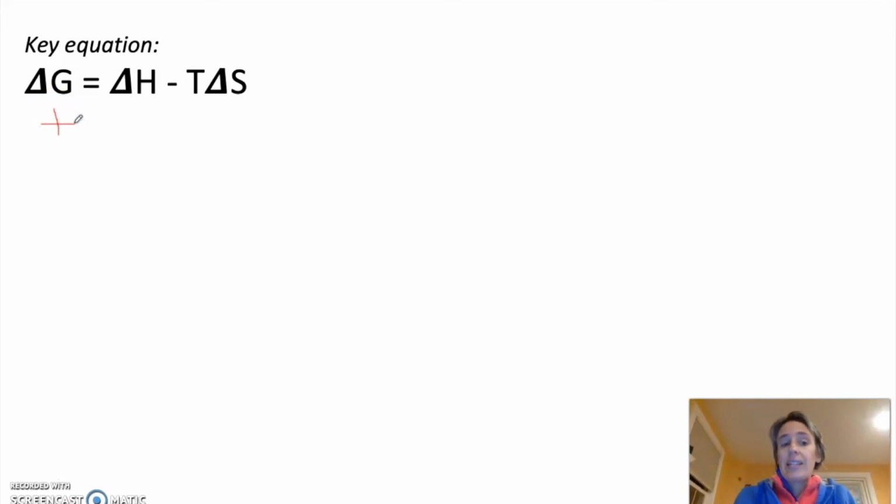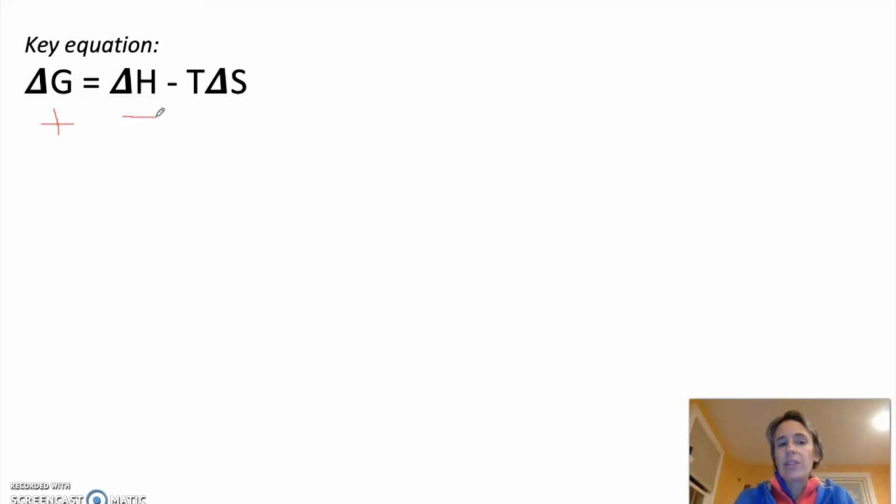And then the enthalpy change, what did we feel? So when I stretched it out, it got warmer. That's a release of heat that I'm picking up with either my forehead or my lip. So that delta H term is negative for stretching the rubber band.